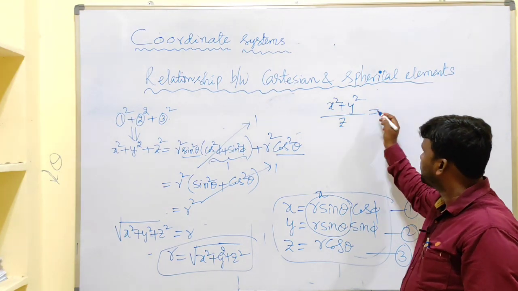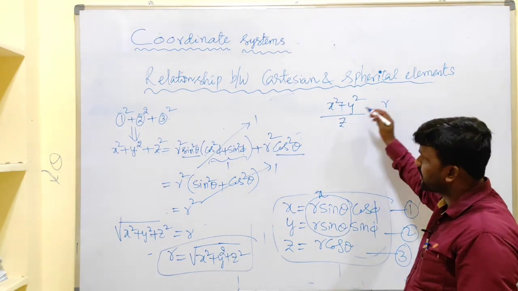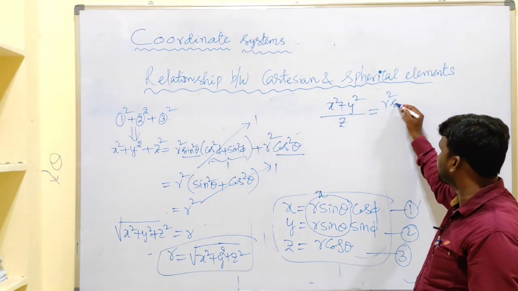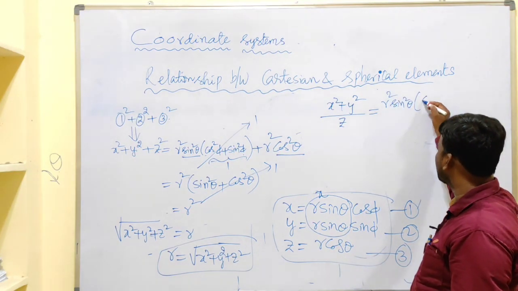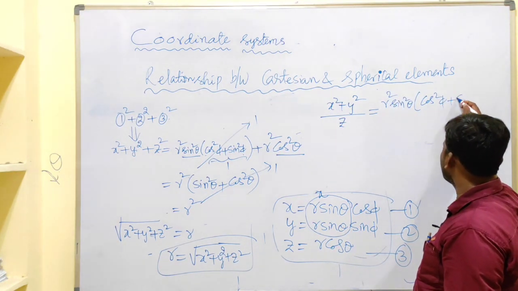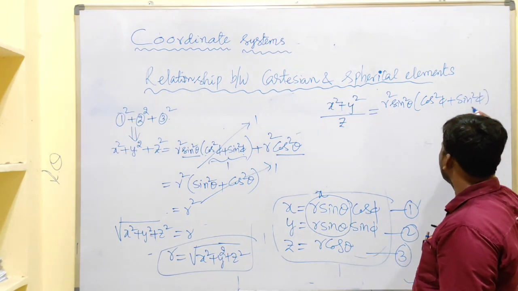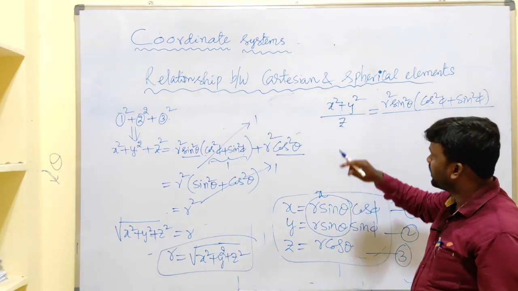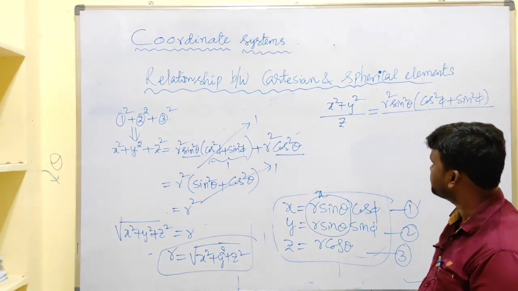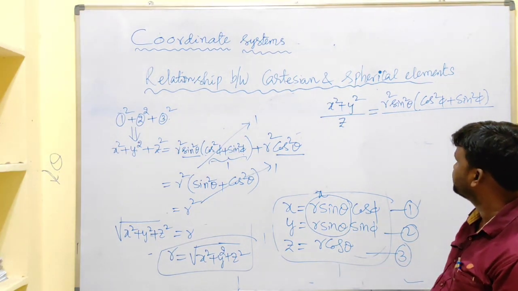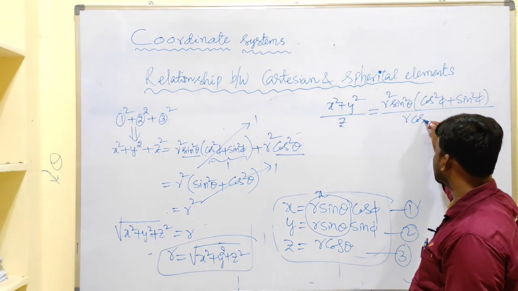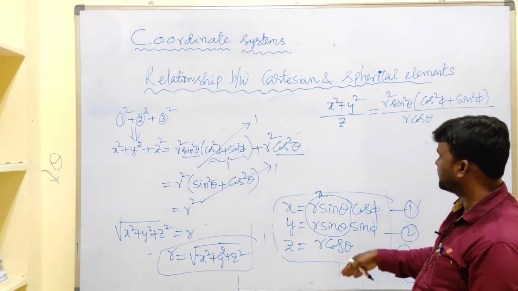It is equal to, x square plus y square we already considered, that is r square sin square theta. This is the common term, and the remaining term is cos square pi plus sin square pi by z. What is z? Z is r cos theta, but we require r sin theta by cos theta.